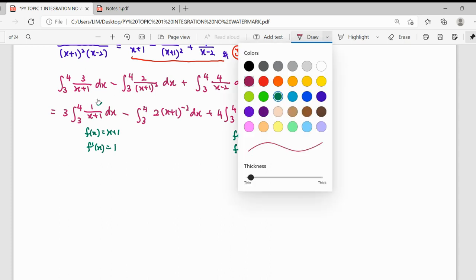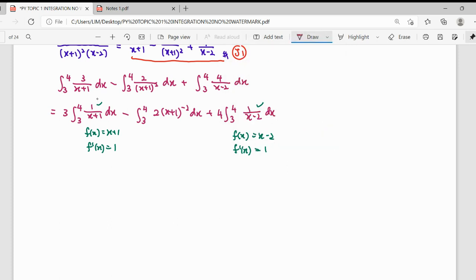Okay, so we can get our integration. So finally, this is non-modulus x plus 1. We put modulus to make sure everything is positive. Then for the middle, for the second term here, we use our formula where our power plus 1 over the new power, then the coefficient x here.